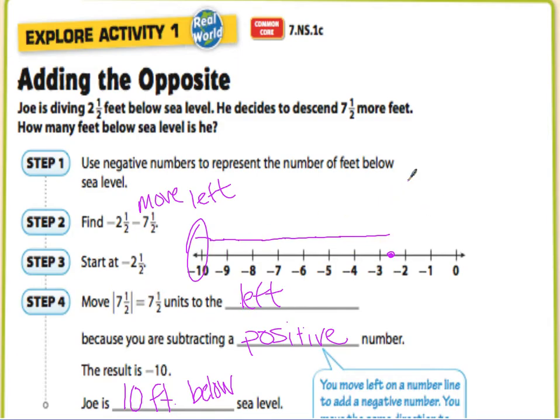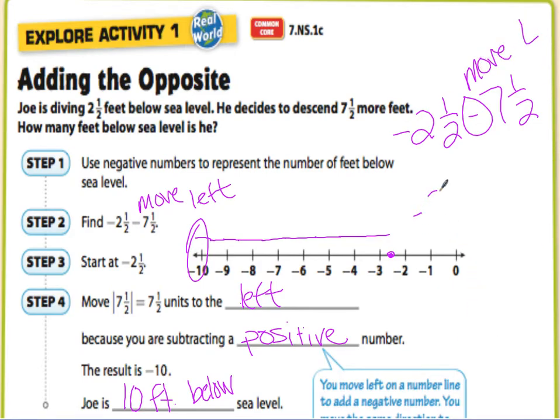So this one, negative 2 and 1/2 minus 7.5, this tells you to move left. So I know that I can keep negative 2.5 because I have to keep my starting point, and I know that adding a negative is the same thing as subtracting a positive because these two things here still tell me to move left.